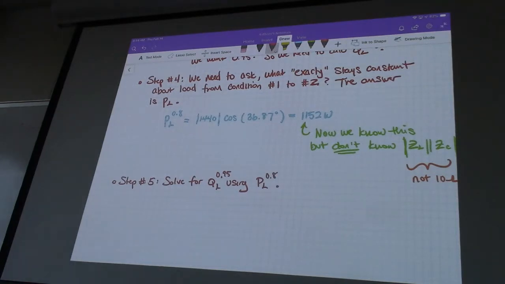Does that make sense? We're going to solve for the reactive power at the power factor of 0.95 using our old value of PL as well as our new power factor. So this is what we carry over.